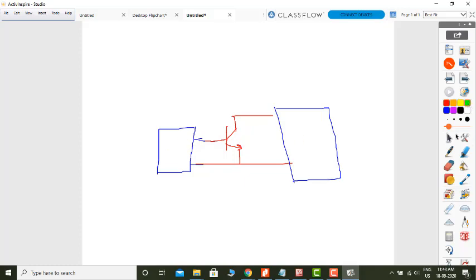The input matching network connects the source impedance, let us say Z0, characteristic impedance of normally 50 ohm, and the output matching network connects the output port of the device with the load. The load is let us say 50 ohm. This is our ZL. This is ZS or RS.